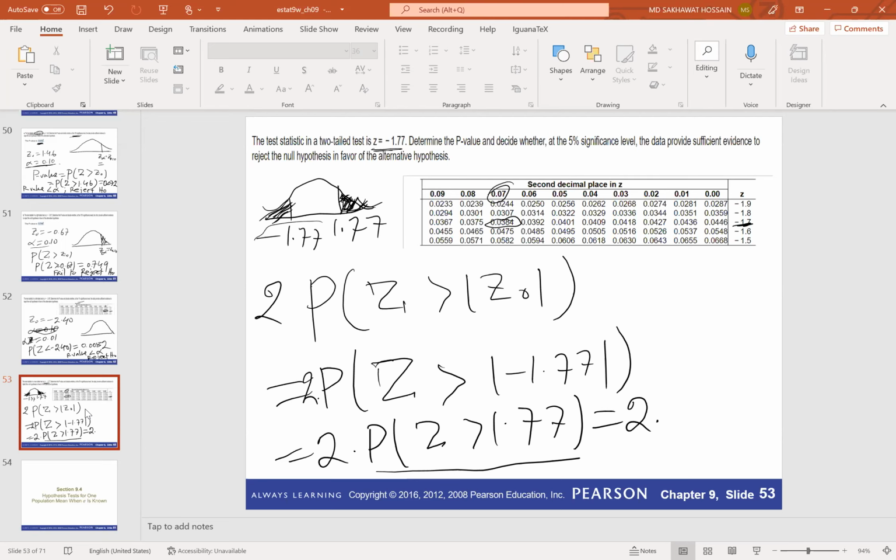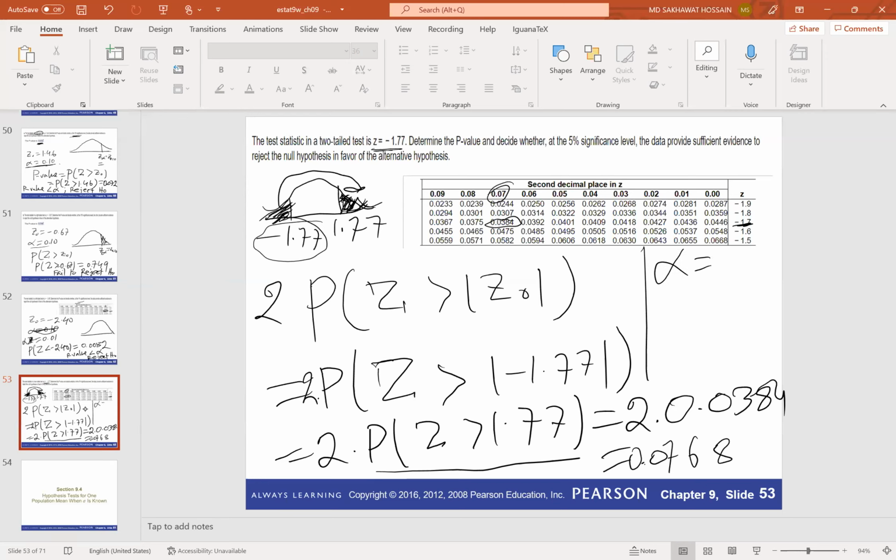So the idea is, if you look at the negative number, you will get this area, which is equal to this area. So that's why you do not even need to look at the positive number. So if you look at the negative number, the area is 0.0384. So 2 times 0.0384 is 0.0768.